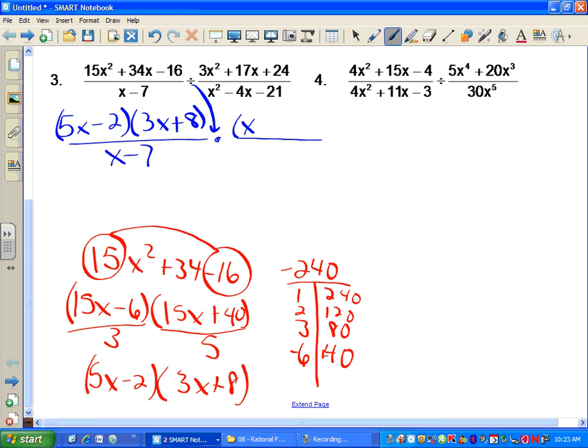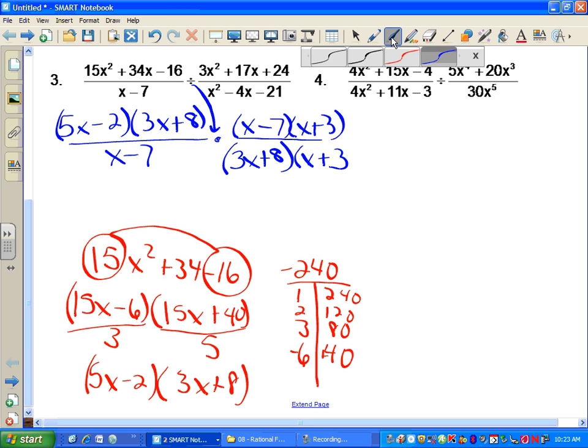This factors to x minus 7, x plus 3. And if you would like to pause the video and factor the 3x squared plus 17x plus 24 by yourself, that'd be a good idea. I'm not going to go through fancy factoring again, but it would factor to 3x plus 8 times x plus 3.